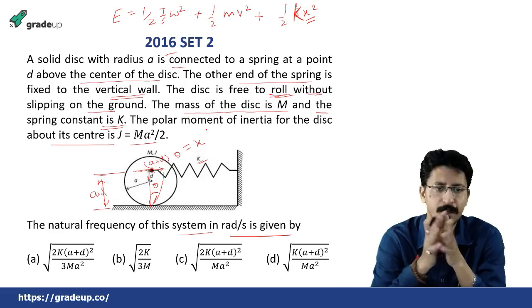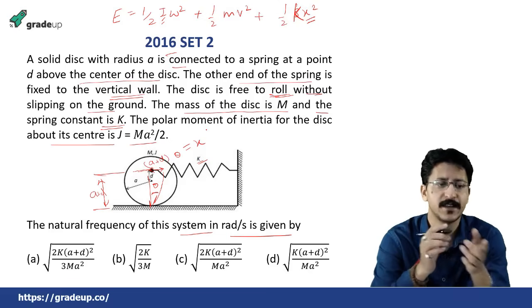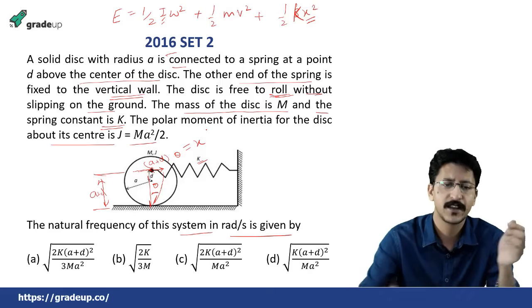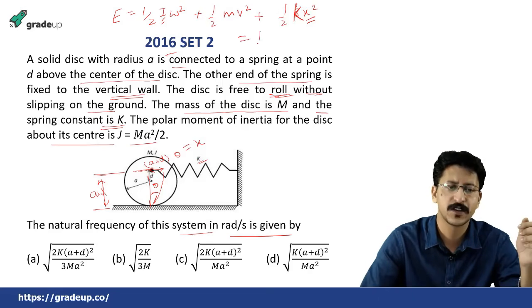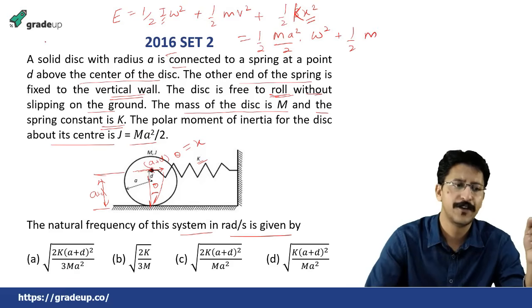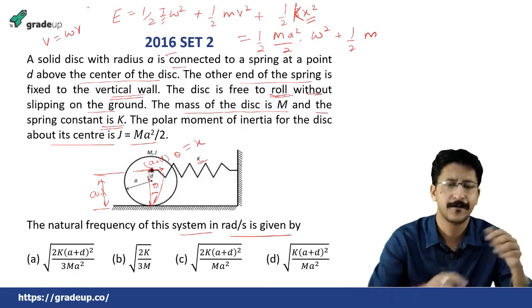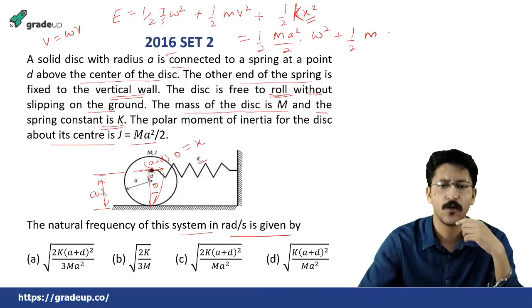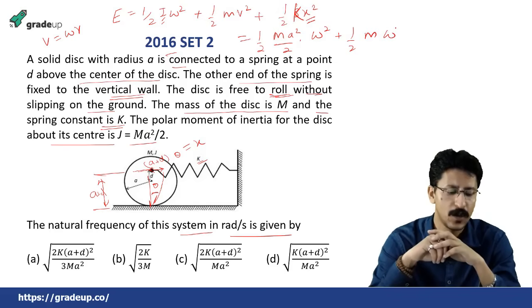Okay, so first writing these terms like this, I has already been given to you as ma square by 2. So converting this equation, that is half I is ma square by 2, omega square, plus half m, v is equal to omega r. So converting this also like that, omega into r.